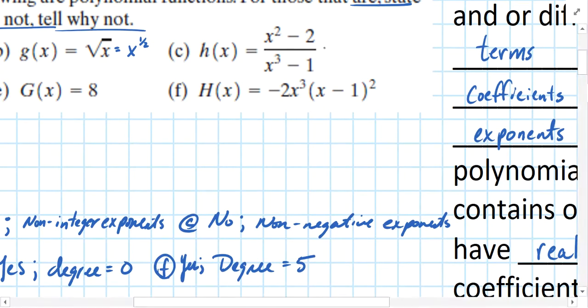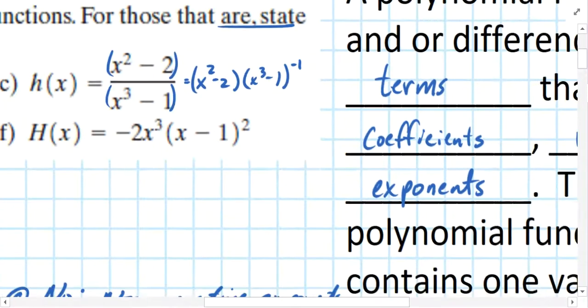Similarly, in equation H, while the numerator is a polynomial and the denominator is a polynomial, we could think of this as the quantity x squared minus 2 times x cubed minus 1 to the negative 1. That group x cubed minus 1, since it's in the denominator, contains a negative exponent of negative 1.